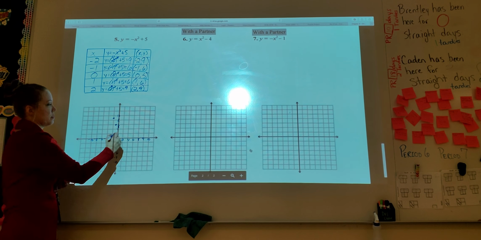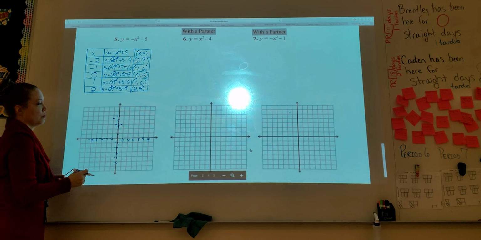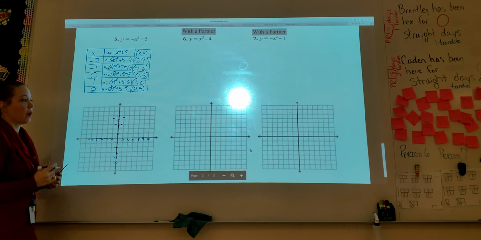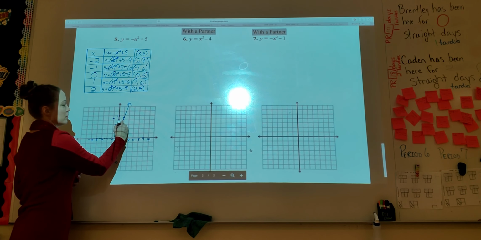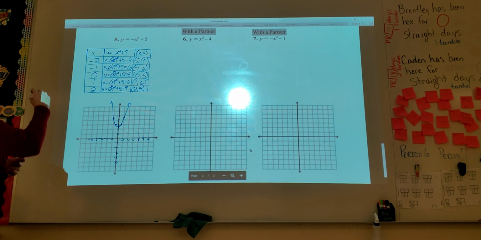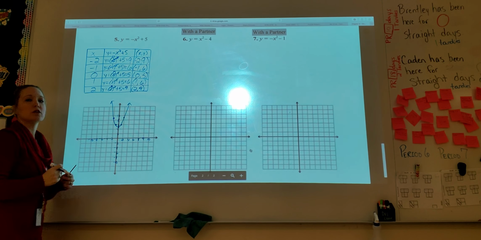And then 1, 6, which would be here. And then 2, 9, which is here. Oh, we use such a little part of this graph. It's such a cute little parabola. And then you just kind of curve it out. Again, you do not make straight lines, you kind of curve it to make your parabola.